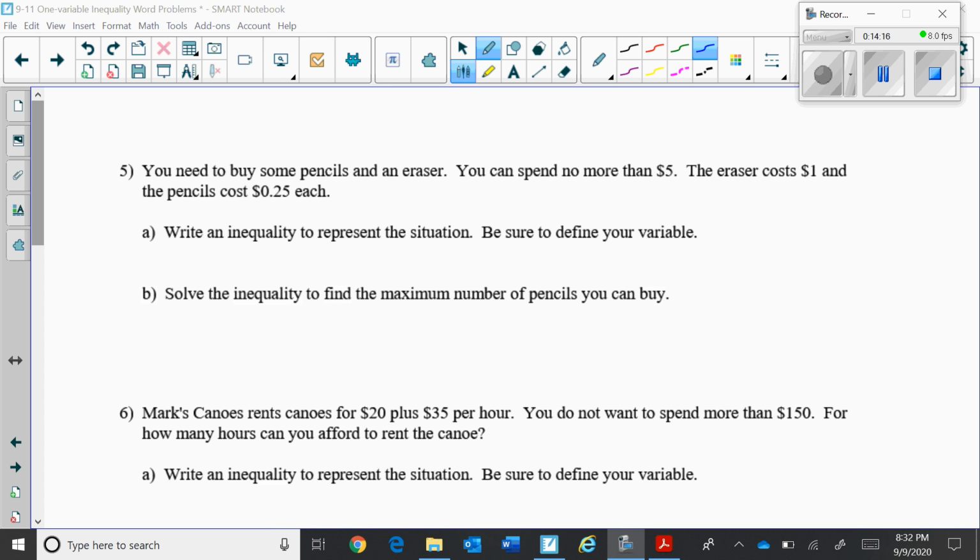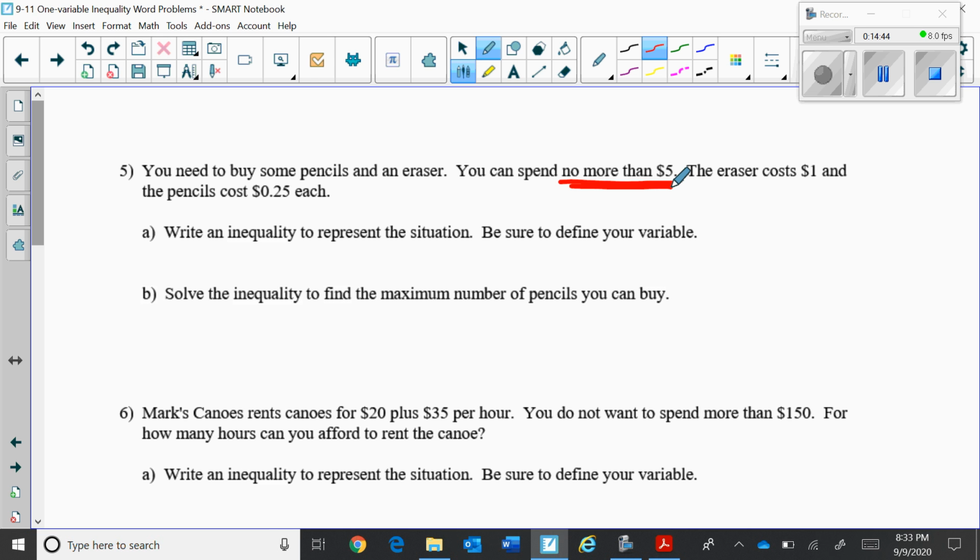All right, so number 5 says you need to buy some pencils and an eraser. You spend no more than $5. So no more than $5. But we can spend $5. It just says no more than $5. The eraser costs $1 and the pencils cost 0.25 each. Write an inequality to represent our situation, and be sure to define our variable.